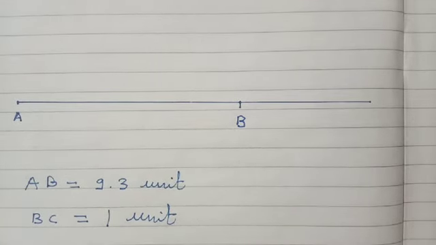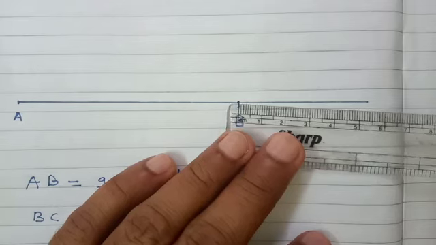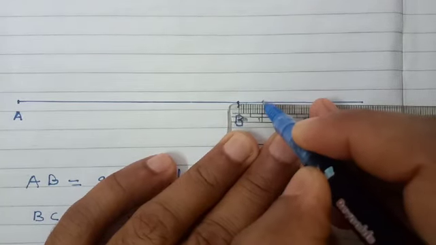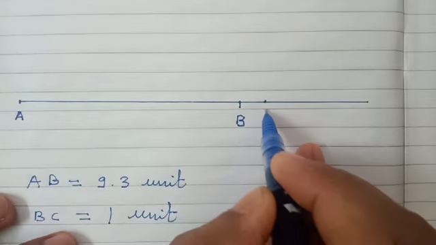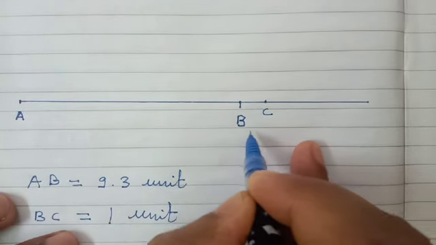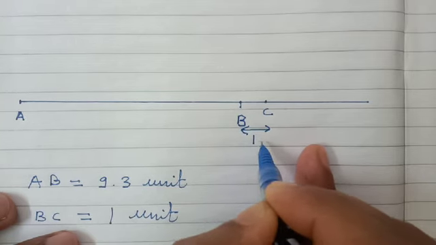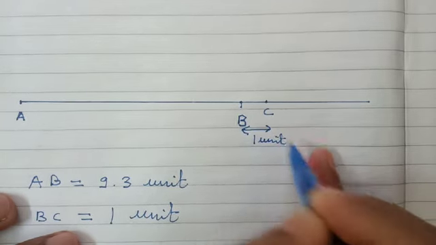Take BC equal to 1 centimeter. BC is equal to 1 unit or 1 centimeter here.